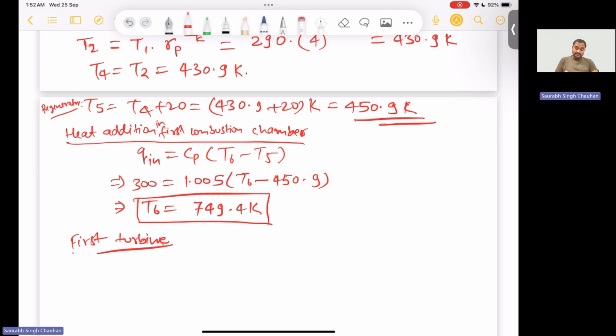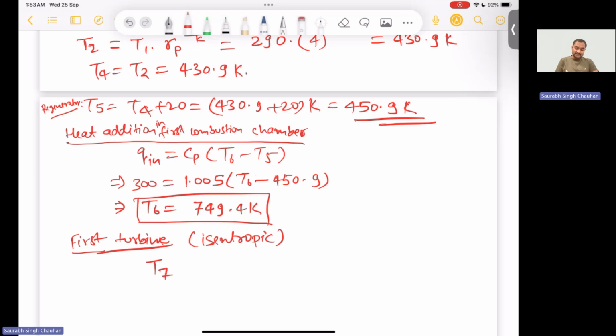Since we are assuming all the processes are reversible, the expansion in the turbine should be isentropic, and we can use the adiabatic relation.